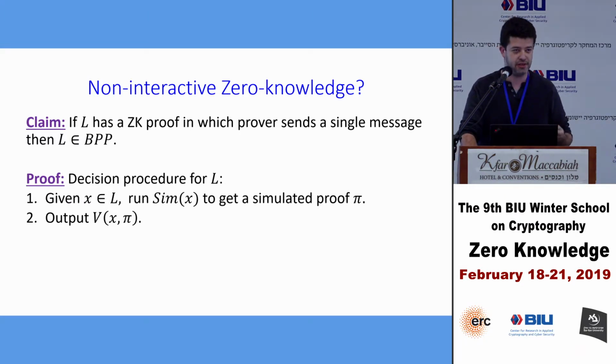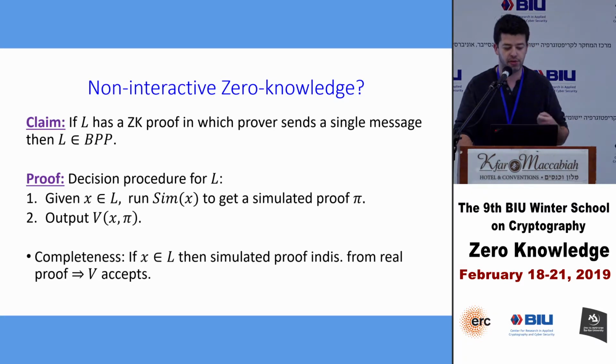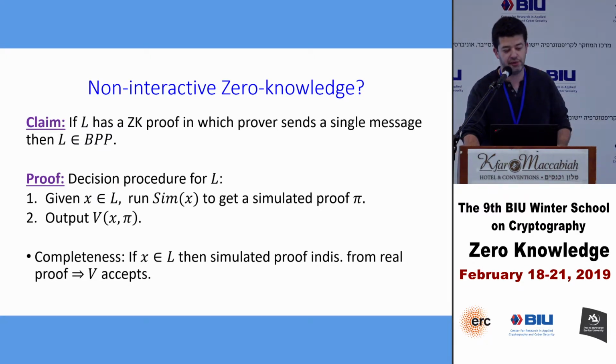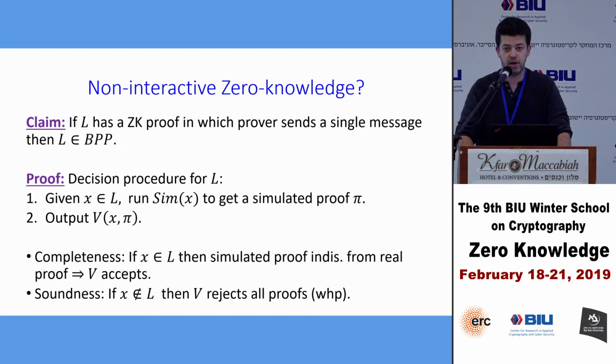Let me convince you that it works. Well, for completeness, if X is in the language, then by the guarantee that the simulator simulates the actual interaction, this proof pi will be indistinguishable from what an actual prover would have sent, and therefore our verifier V is going to accept. So we have completeness. What about soundness?